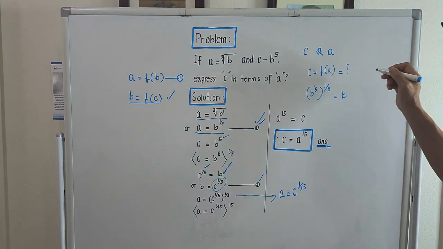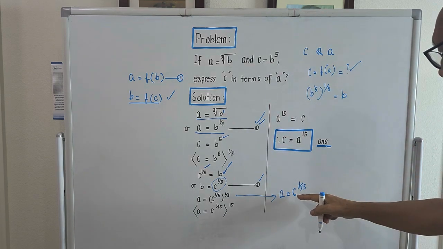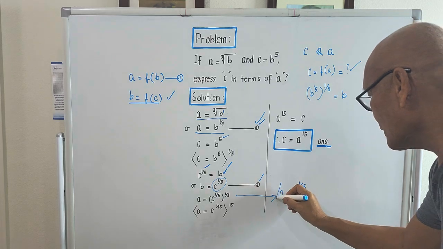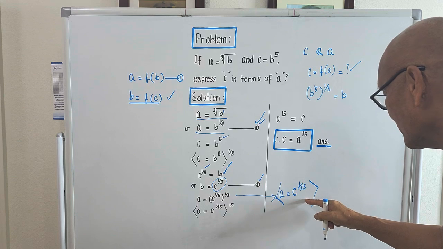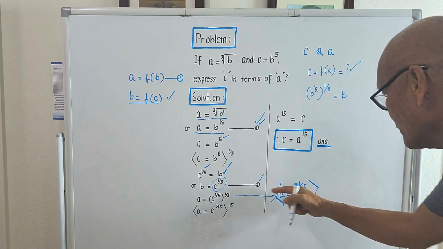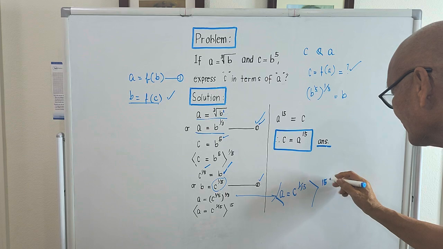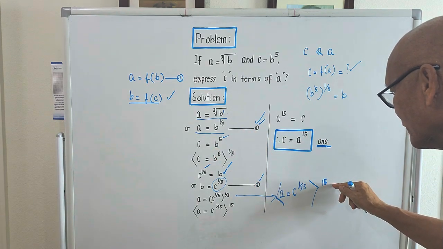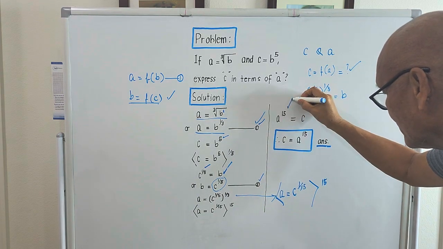To compute for c as a function of a, we must re-evaluate this. To compute for c without this 1 over 15, we must eliminate the 15 at the bottom, so we raise both sides to the 15th power. The whole equation is raised to the 15. a raised to the 15 is a to the 15th power.